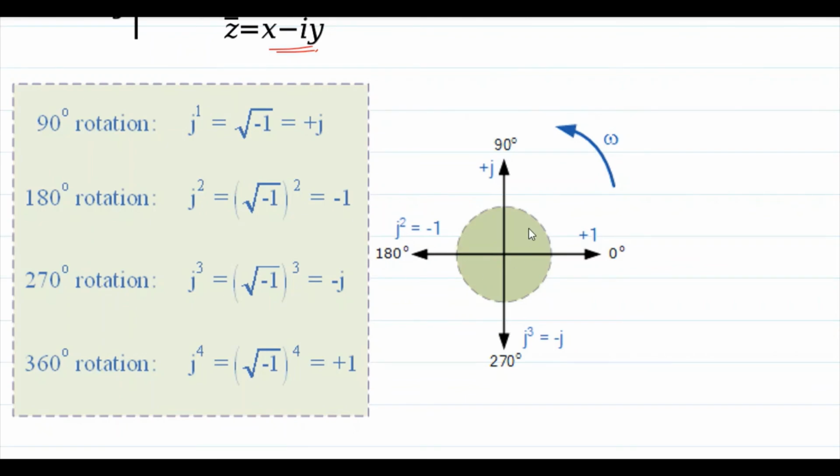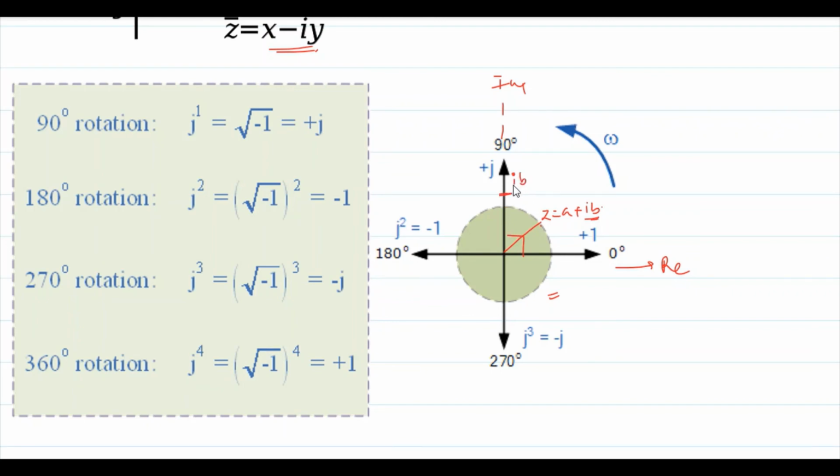If you look at this Argand diagram, I will consider this one as the real axis, and this one as the y-axis, the imaginary axis. Now if I take any complex number, z is equal to a plus ib, and I want to convert the imaginary part into real and then into imaginary again, see, this b is already at 90 degrees to the real axis.